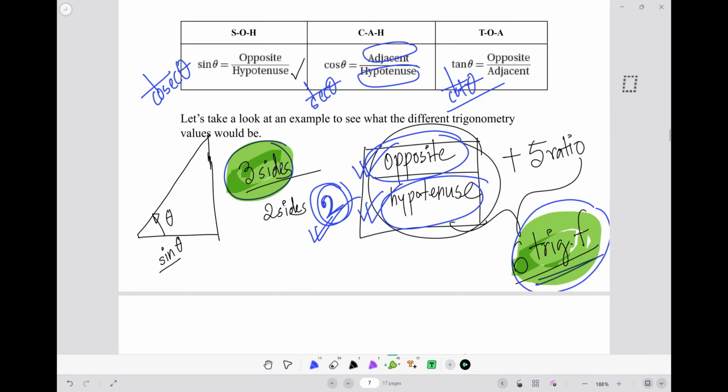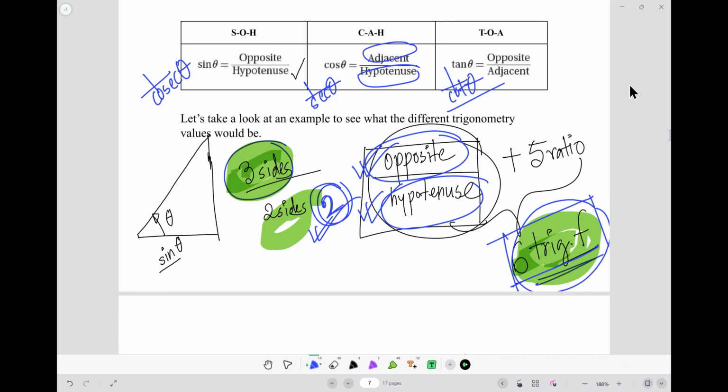A ratio must consist of a numerator and a denominator, so we're allowed to take only two sides to make a combination. For a three-sided polygon, we can make six different combinations, and that is why we have six different trigonometric functions.